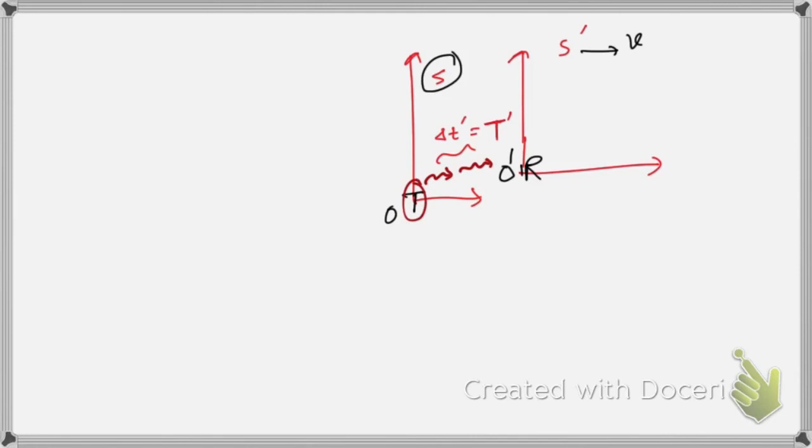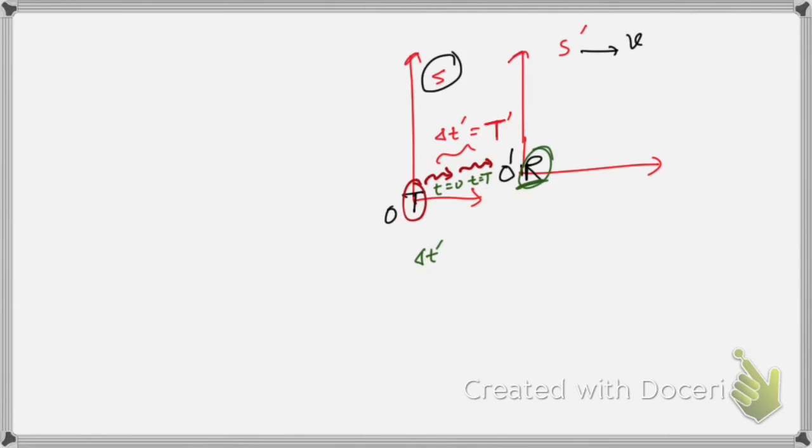The first pulse was released when t is equal to 0, and the next pulse was released when small t is equal to capital T. We have taken it that way. Then this del t dash will be the interval between the reception of these pulses, for the observer or receiver in this frame.